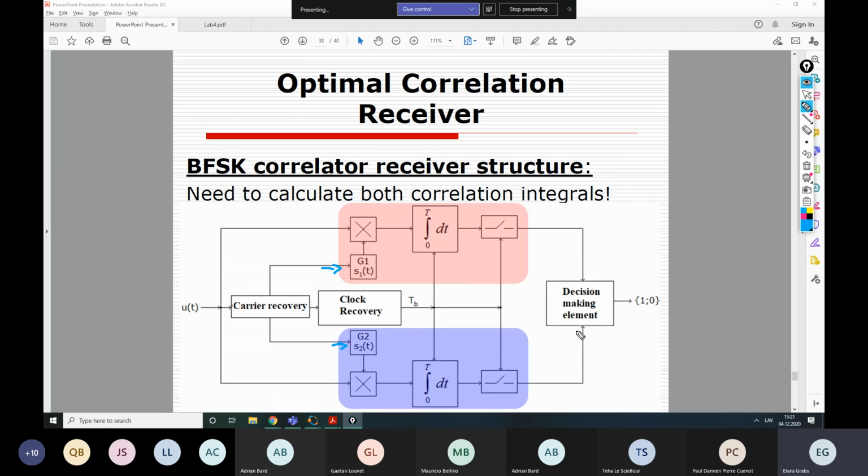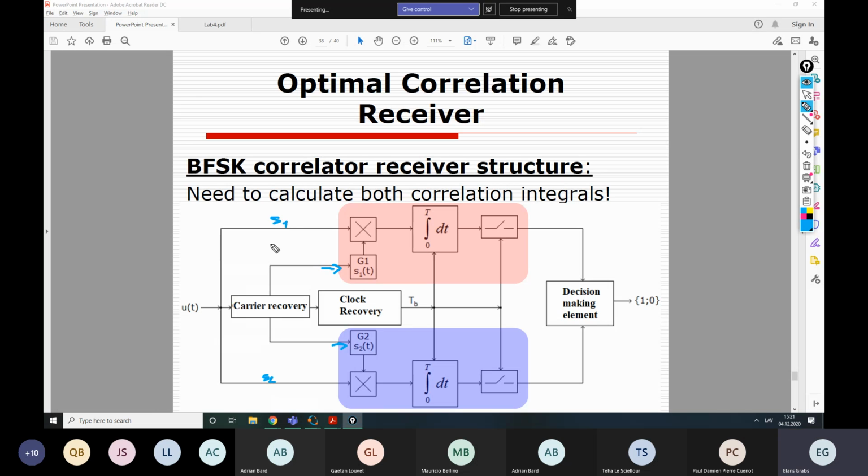So there is no threshold here. We are comparing these two results to each other and selecting the higher value. Let's say that this is the signal S1 channel and this is the signal S2 channel.